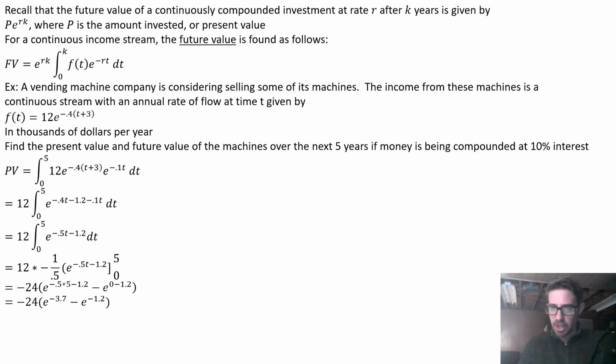Then just stick all this into your calculator in one big move, and you get 6.635. Remember, that's in thousands. So you could say 6.635 thousand, or it's probably simpler just to say $6,635.30.